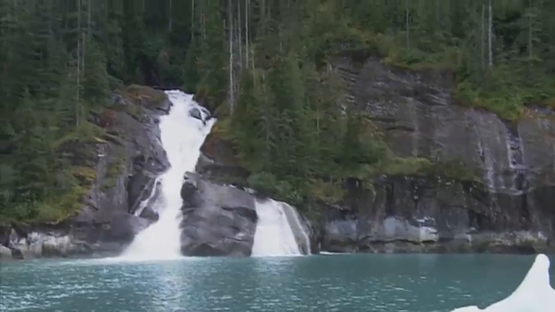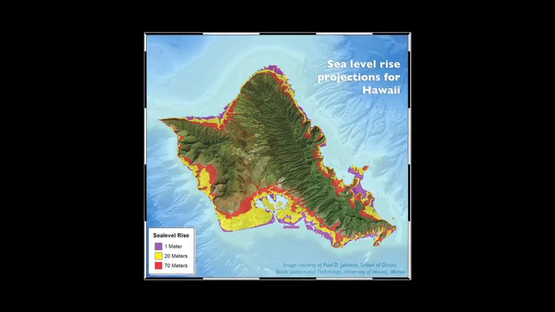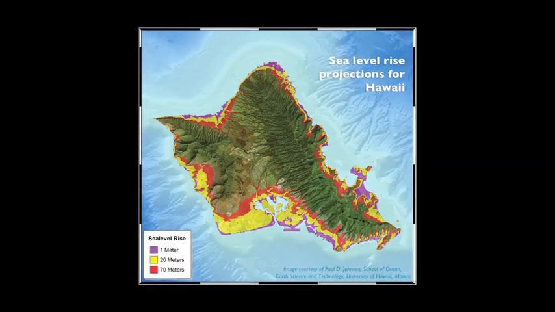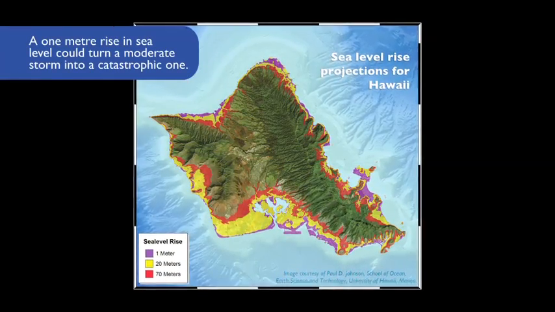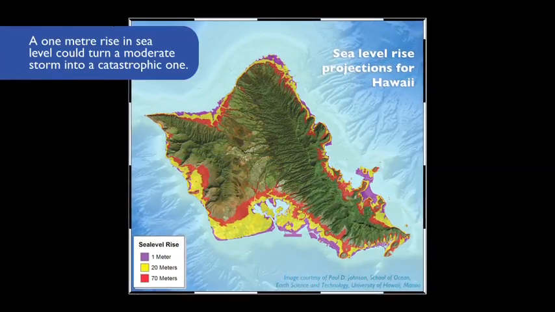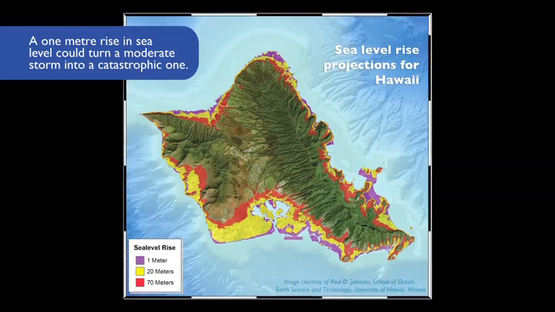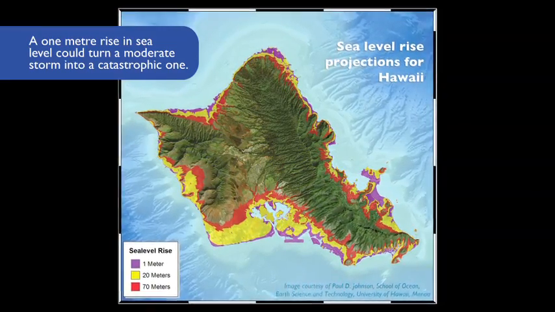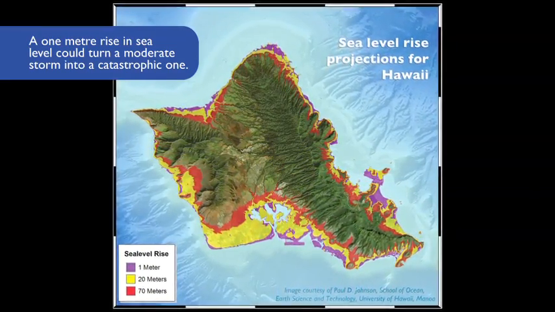Those predictions are perhaps conservative when you look at some of the other science which has started to emerge in the last couple of years. Researchers have made renewed predictions that suggest that sea level might rise by 2100 by at least a metre, possibly 1.2 metres.